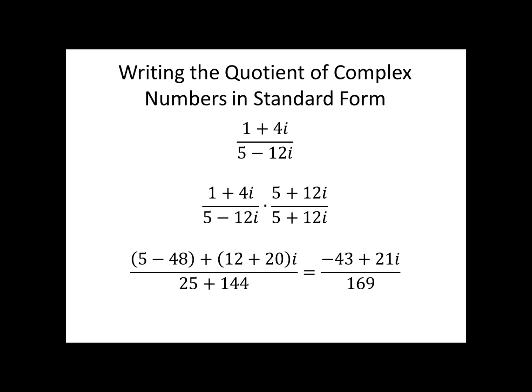So what I end up with is negative 43 plus 21i all over 169. Now, I forgot to type it in here, but your last step is to distribute that bottom, that 169, and create two fractions. So negative 43 over 169 plus 21 over 169 i.